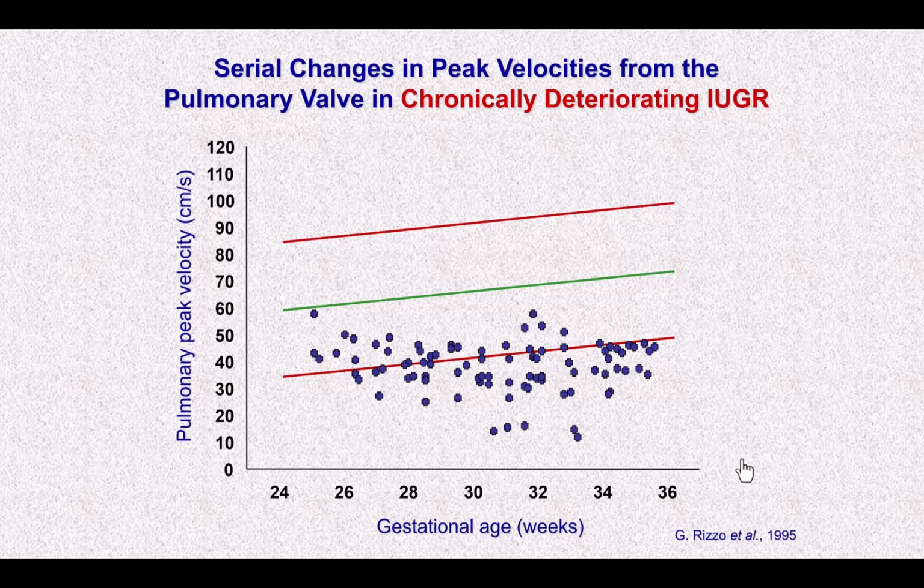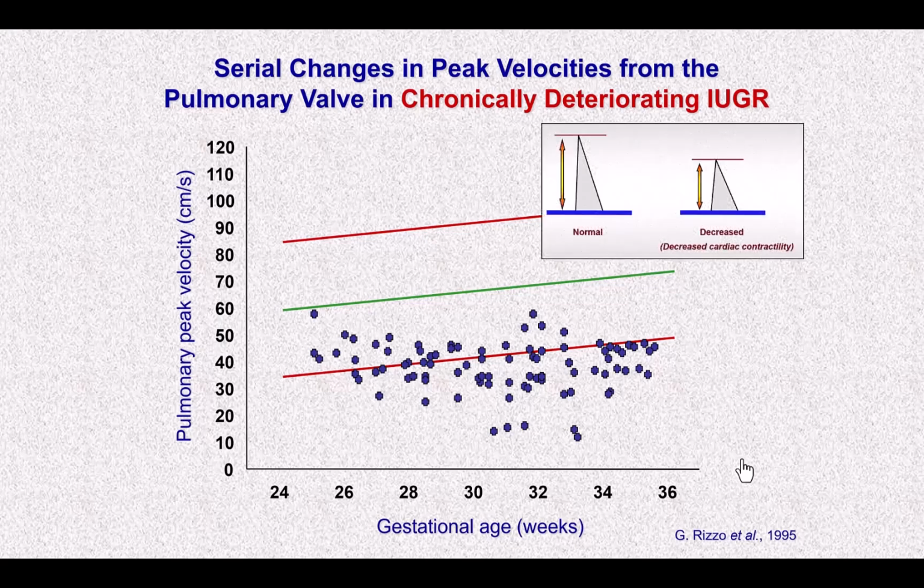So the ventricular myocardium is not performing very well, and the blood velocity through the aortic and pulmonary valves is reduced.